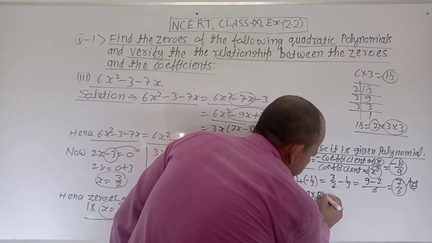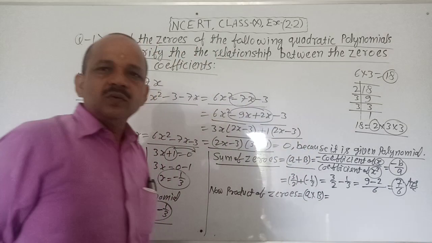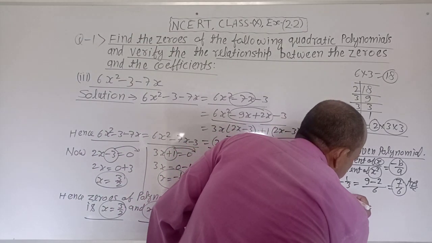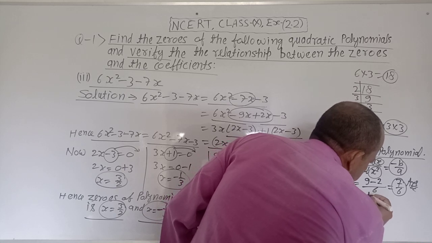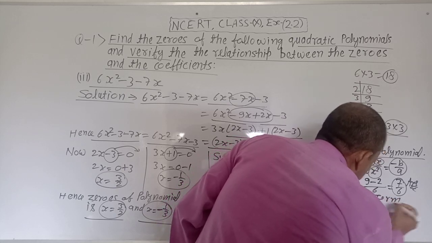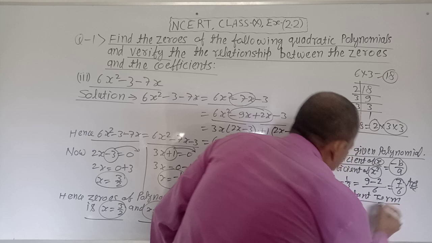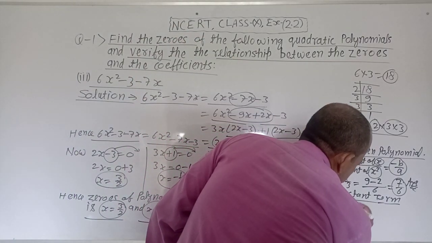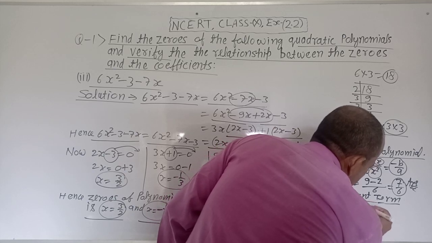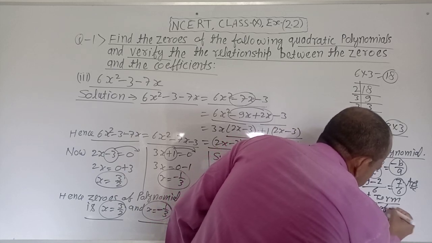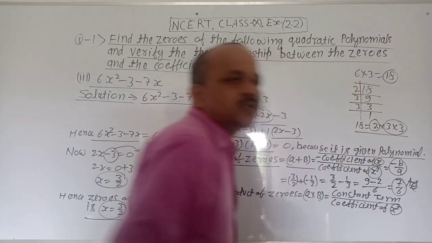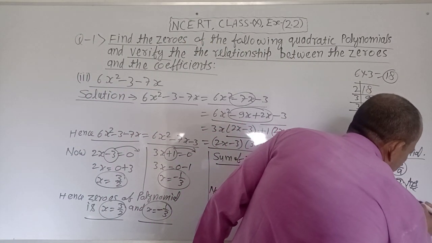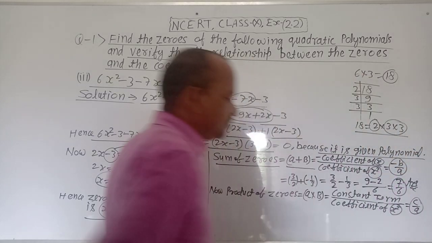Alpha multiply beta equal to constant term upon coefficient of x square, equal to c by a.